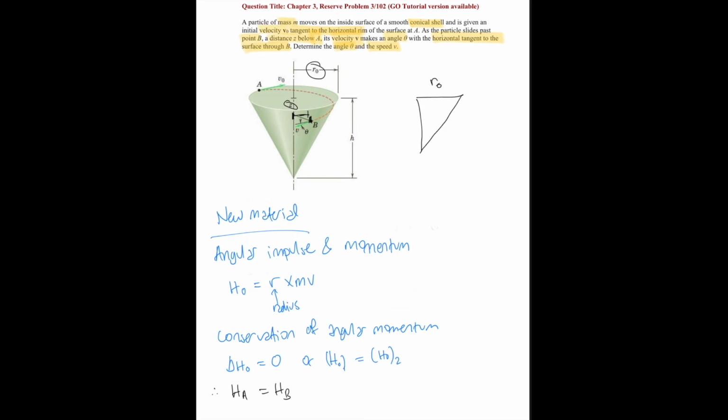This is R naught, and this is H. This is A over here. This is the y-axis. And we've got B somewhere over here, right?